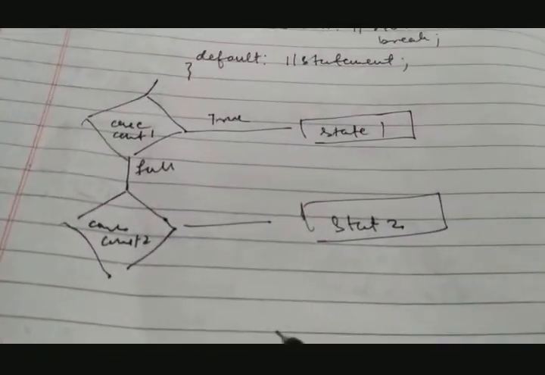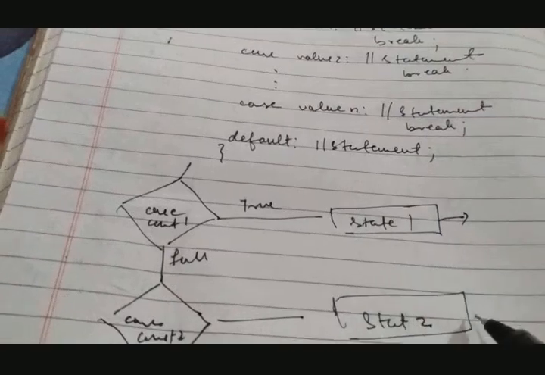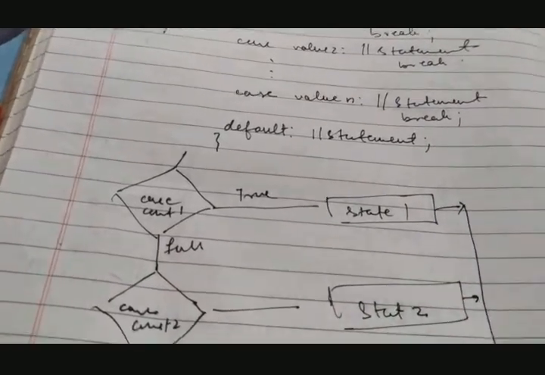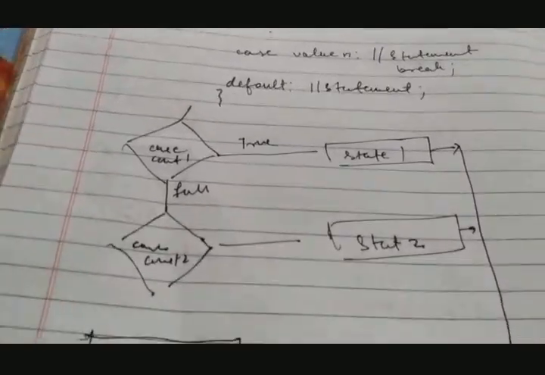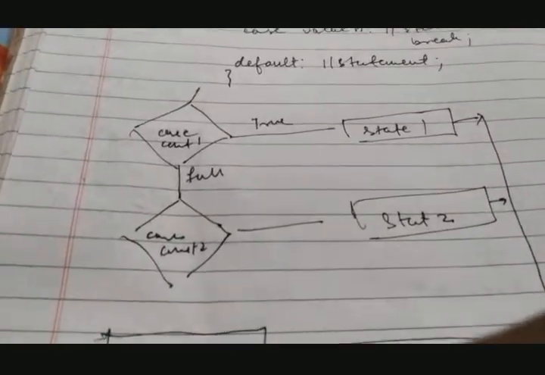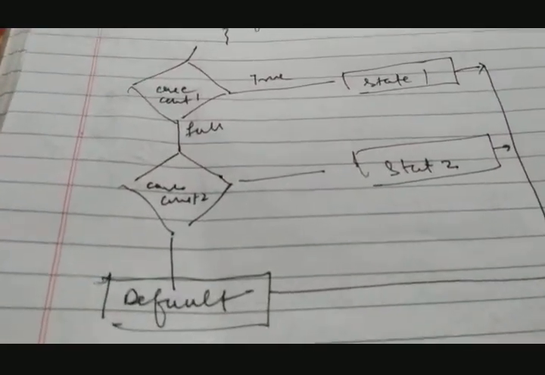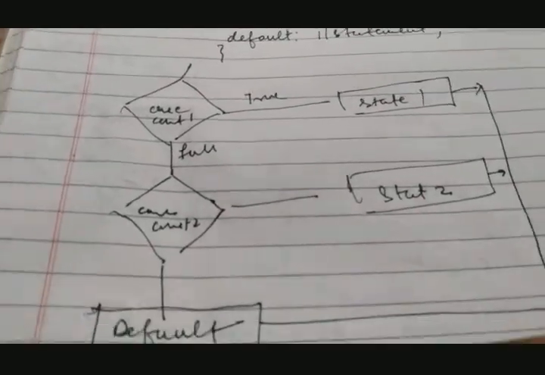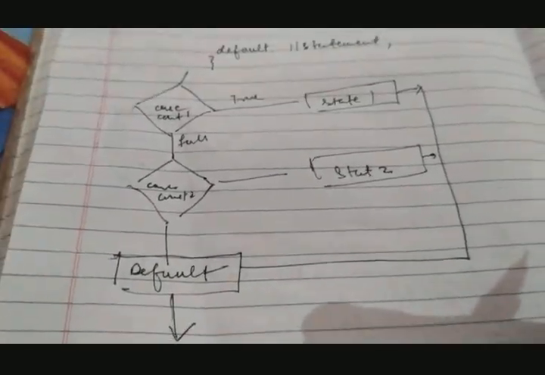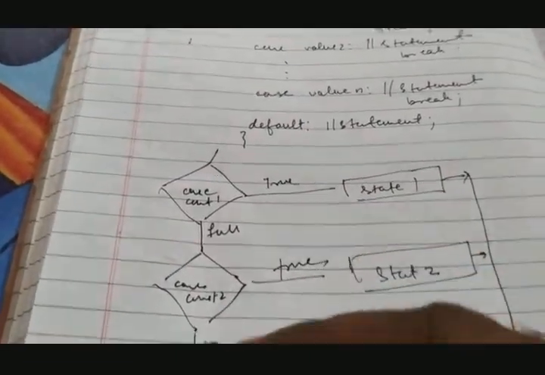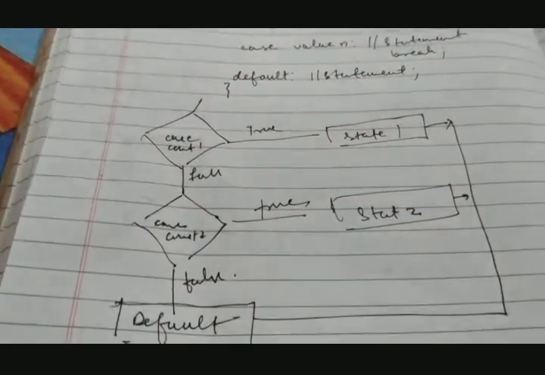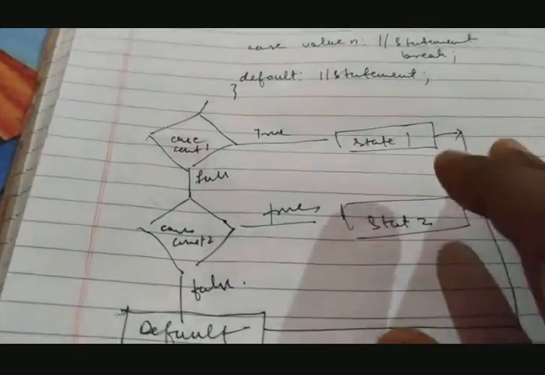This is how it continues. If all the conditions are false, then it comes to the default and then comes out of the switch. This is how it works in the flowchart.